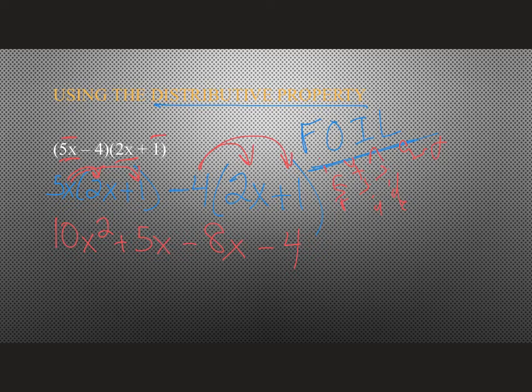So we did our first terms, we did our outside terms, we did our inside terms, negative 4 times 2x, and then we did our last terms, negative 4 times 1. It's just a way to help you remember when you're multiplying two binomials what you need to do. So then we're just going to combine our like terms. In this case, positive 5x, negative 8x turns into negative 3x, minus 4 is our final answer.